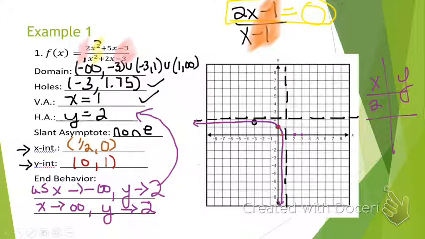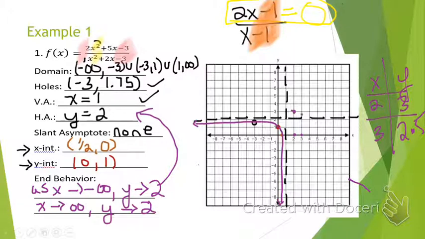So if we do the math, that should give us a y value of 3. So at 2, 3, I will have a point on that curve. Now, at 3, we're going to have a y value of 2.5.